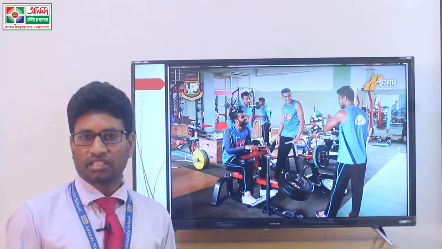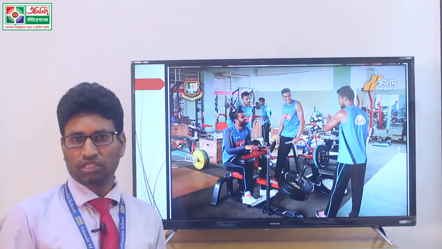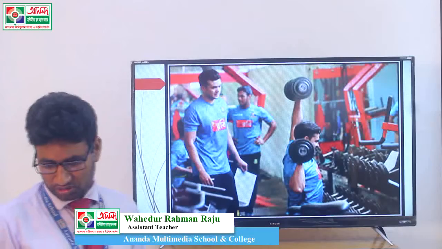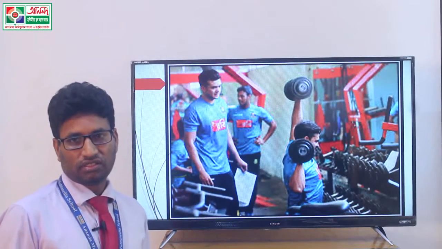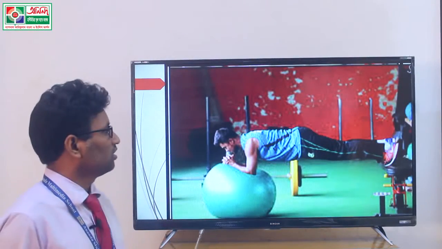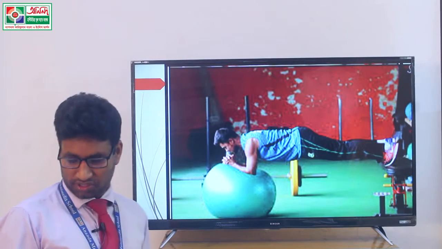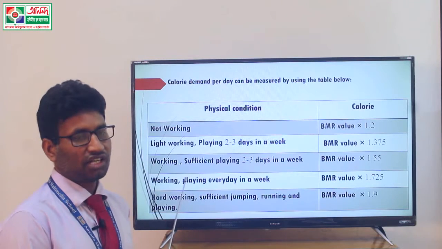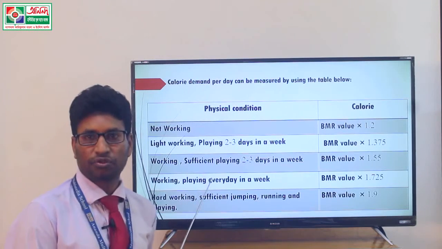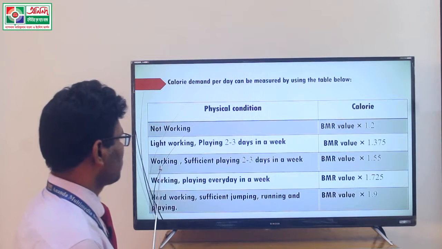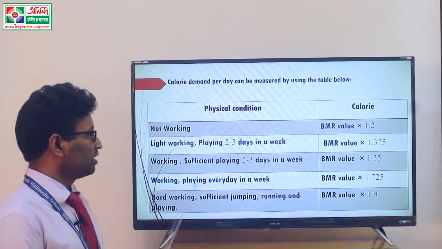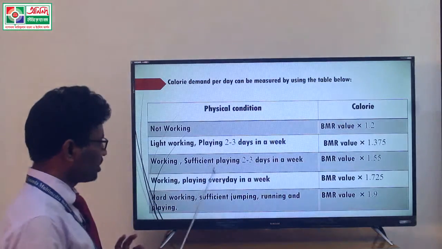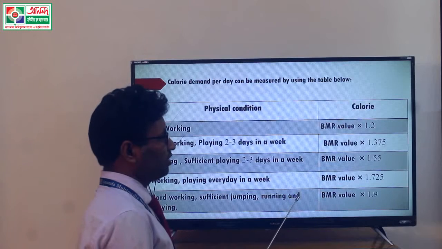I have already said that exercise is completely related with BMR. This is also the same. This is the BMR chart, included in your textbook chapter 5. Some conditions are present in this scheme, and every condition has a different BMR multiplier.